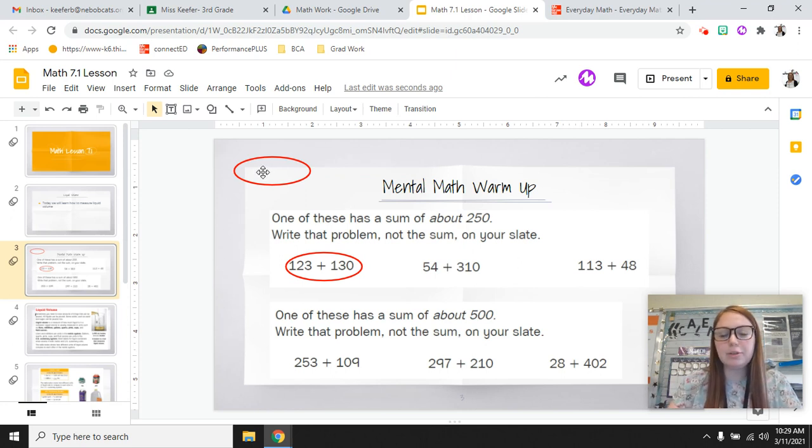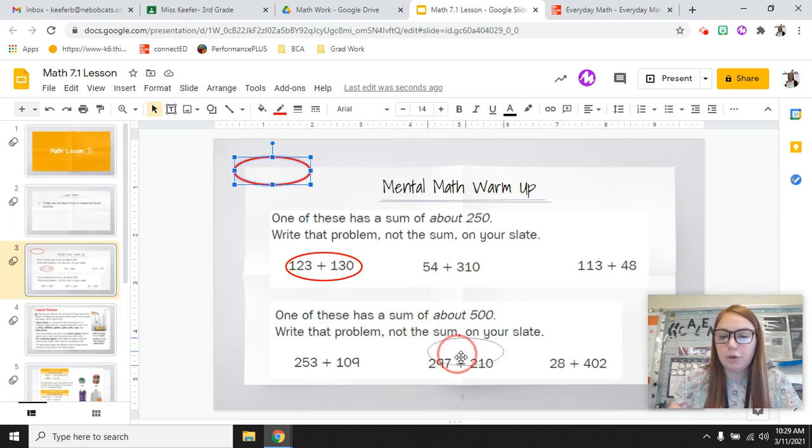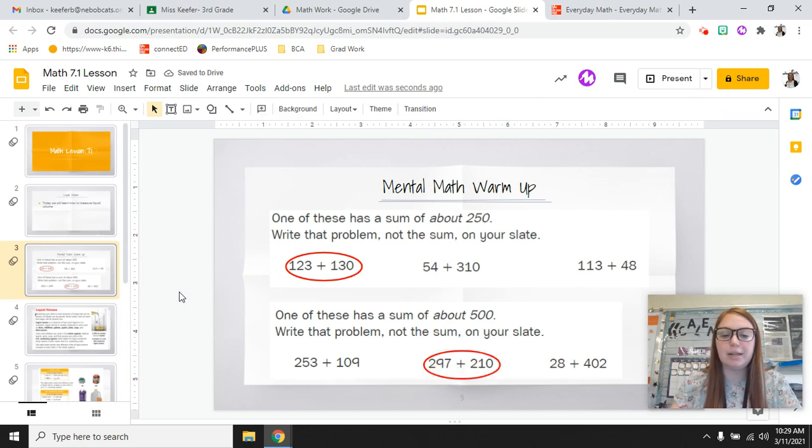With this one, I don't want to say mental math, but you almost want to be able to look at it and think like I did in the first one, which one would make sense. For this one, it would be 297 plus 210, because this one is close to 300 and this is close to 200.